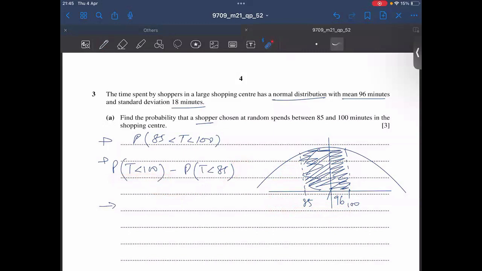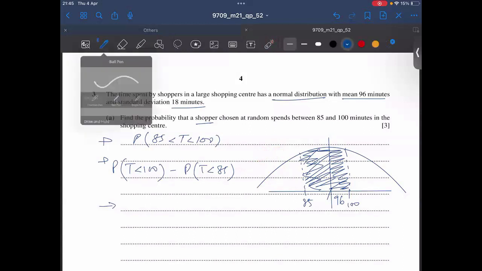But if you look at the region represented by T less than 85, this covers less than 50% of the area. So you're not going to get the probability directly from the table. Whatever probability you get from the table, you're going to subtract it from 1. All right.